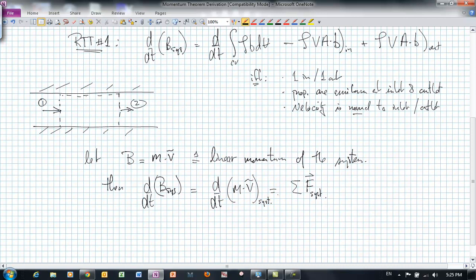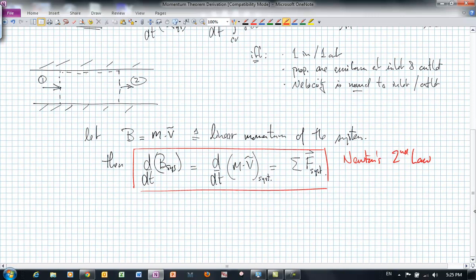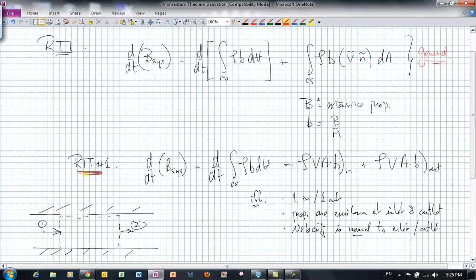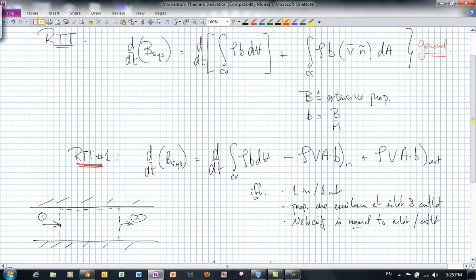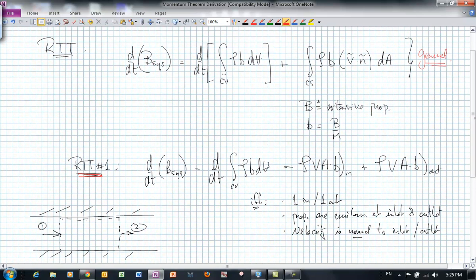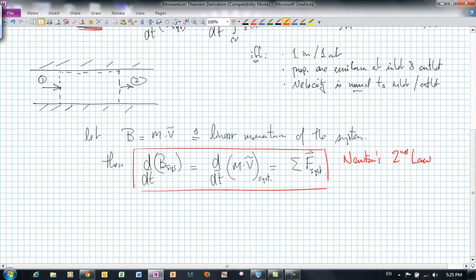So everything is system based right now, and that is our old, well-known Newton's second law. Newton's second law is where we start. What we're going to do is apply our RTT initially in the restricted form, then consider what happens when we have more than one inlet and one outlet for RTT number 2, and finally express the RTT in the general form and apply it to this system.